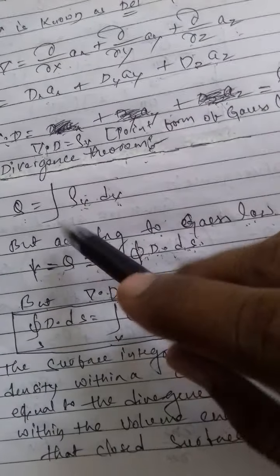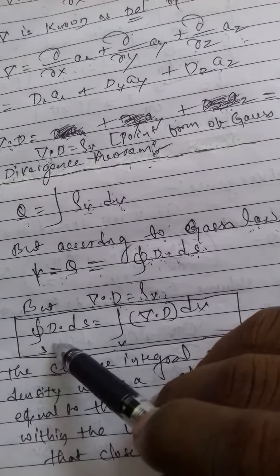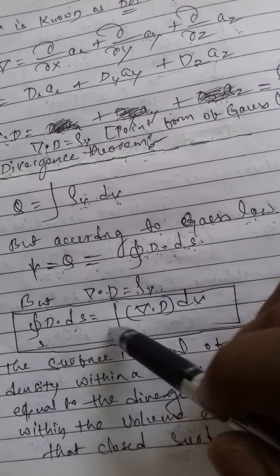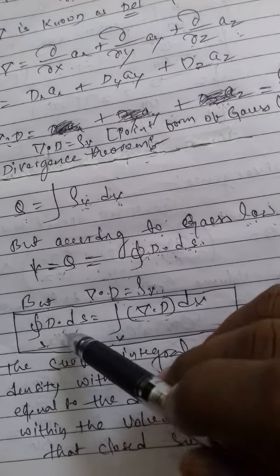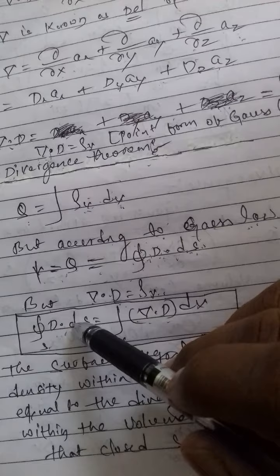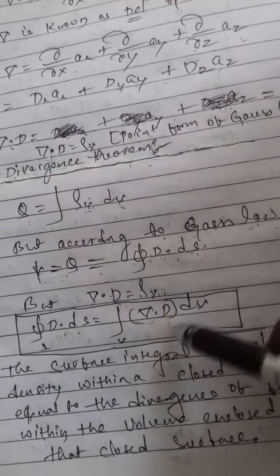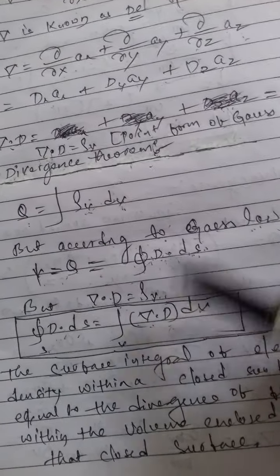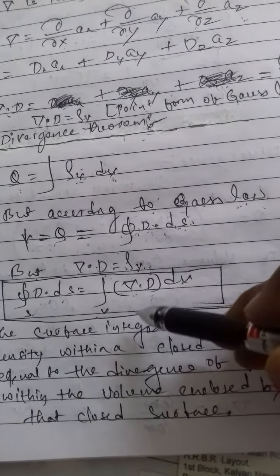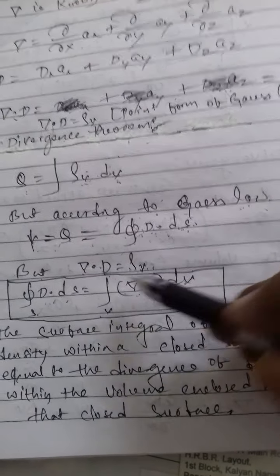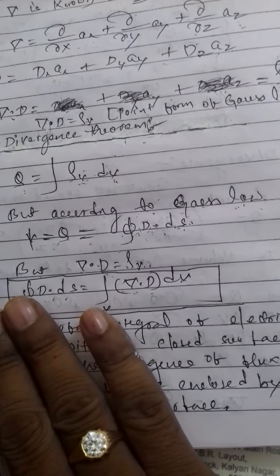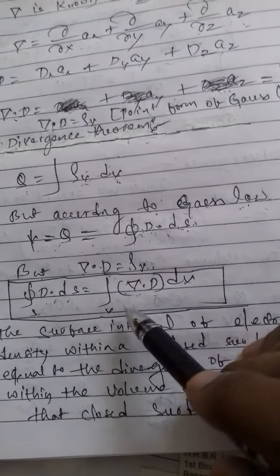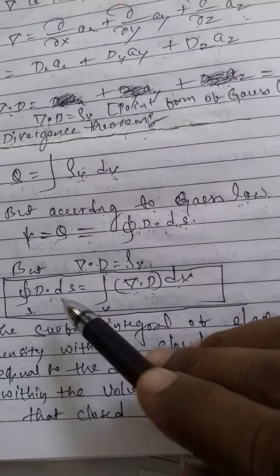If you compare these two equations, the closed integral D dot dS is equal to the integral of del dot D dv. The only thing is that this gives the charge enclosed by a surface, and this one gives the charge enclosed within a volume. But the method of determining the charge enclosed is different for the volume element and for the surface element.